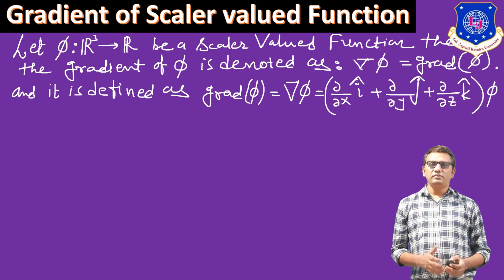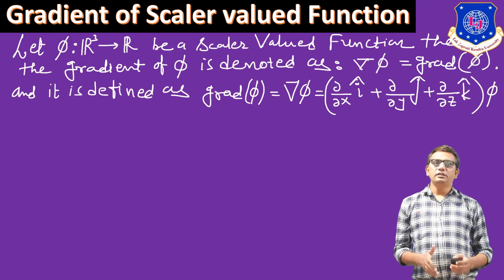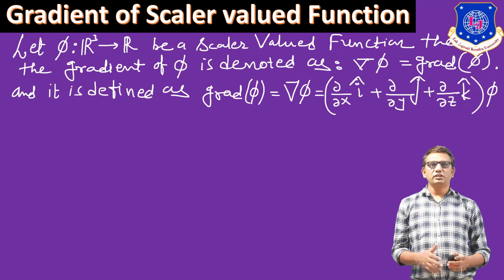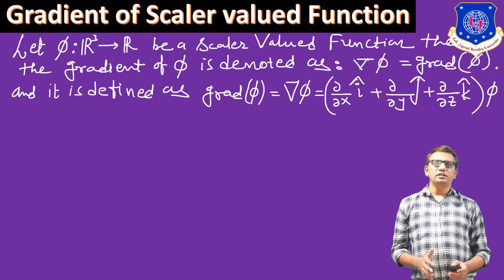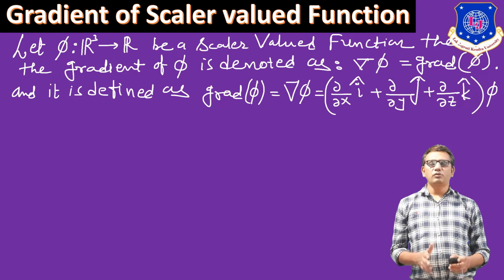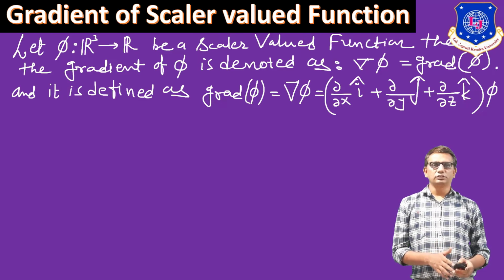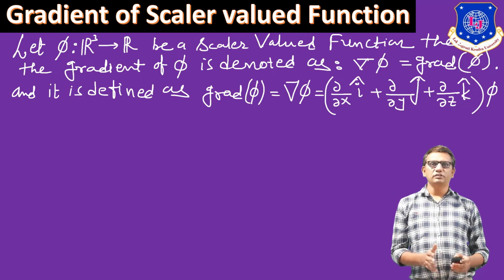When we apply our function phi on this del operator, we get a new vector quantity, and this vector quantity is known as the gradient of a scalar valued function. That is nothing but a mapping from scalar to vector function. That means the scalar valued function is converted into a vector function.